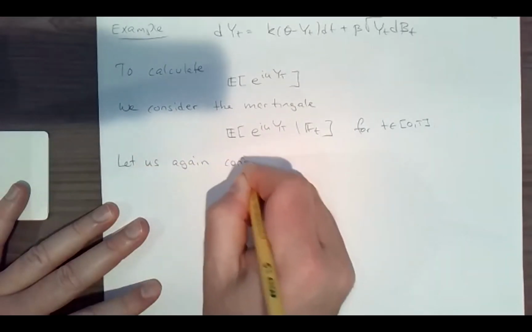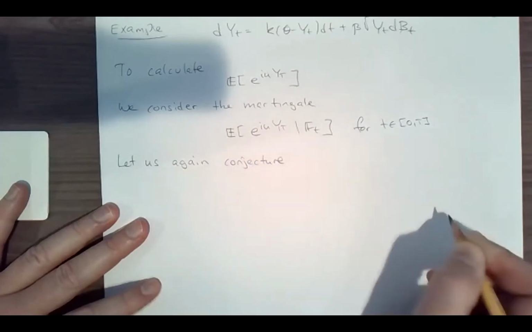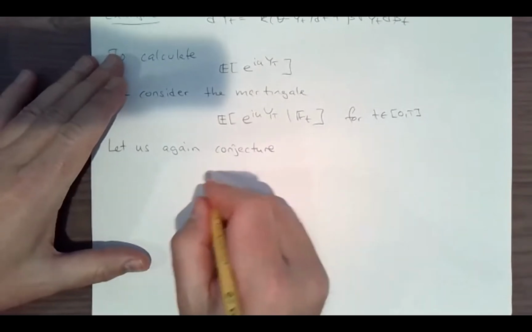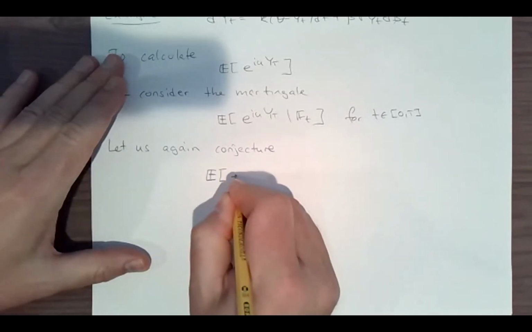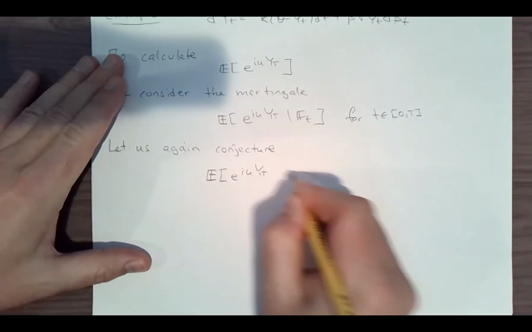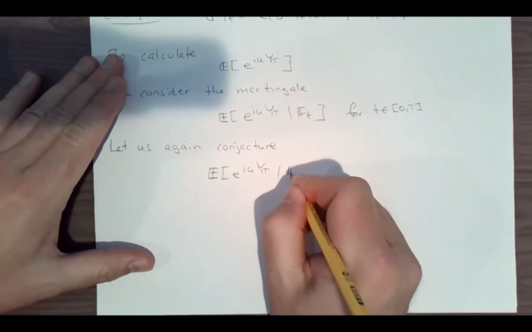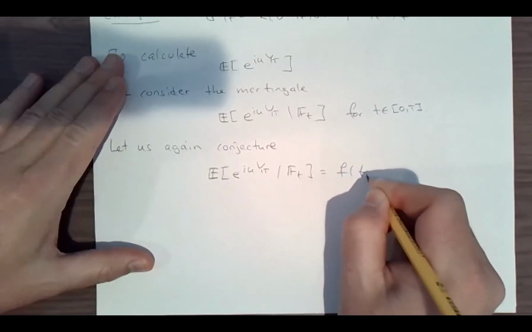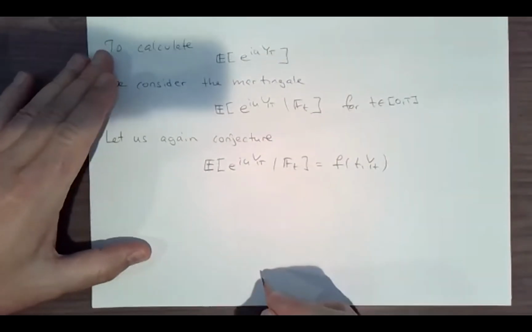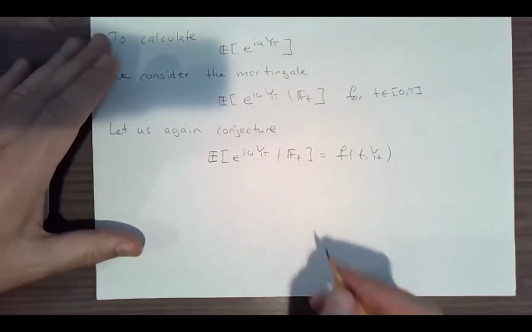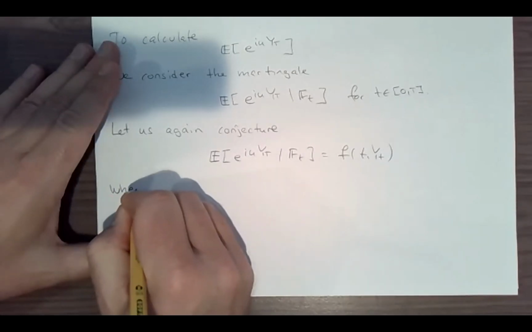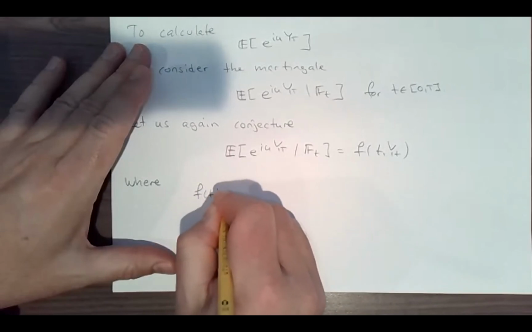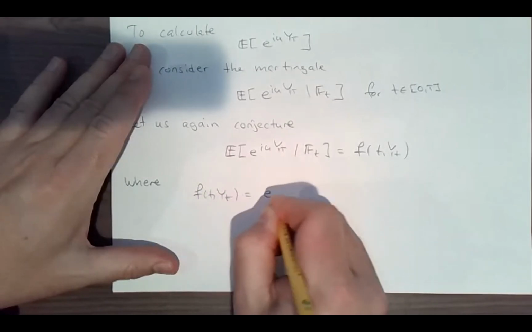Let us again conjecture that the martingale can be written as this function of t and then Y t, where f has this exponential affine form.